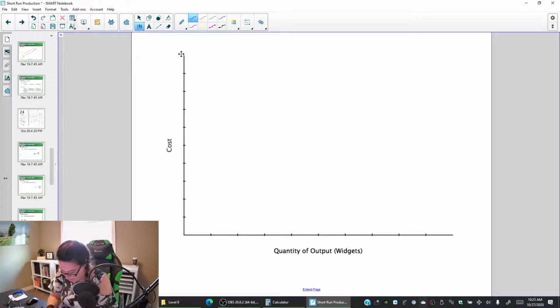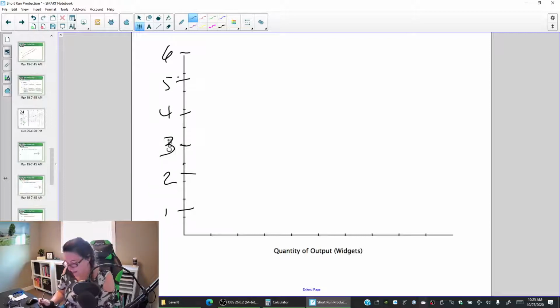I want the top here to be 6, so I'm just trying to figure out how to divvy this up. All right, we'll see in a moment why we need it to be 6.